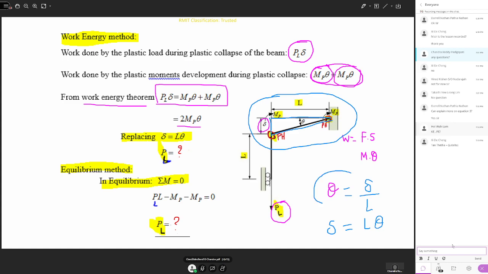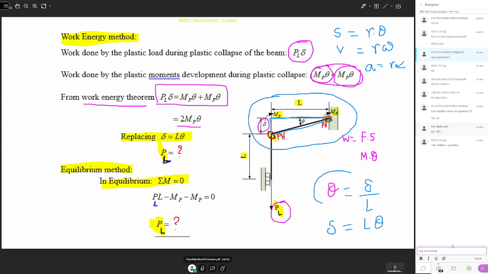Or you can write delta can be replaced with L into theta. You must have done this: S is the linear displacement, so S is equal to R into theta. We have done this in vibrations and in engineering dynamics also. V is R into omega, and A is R into alpha. Alpha is angular acceleration, so A is linear acceleration. Omega is angular velocity, so V is linear velocity.